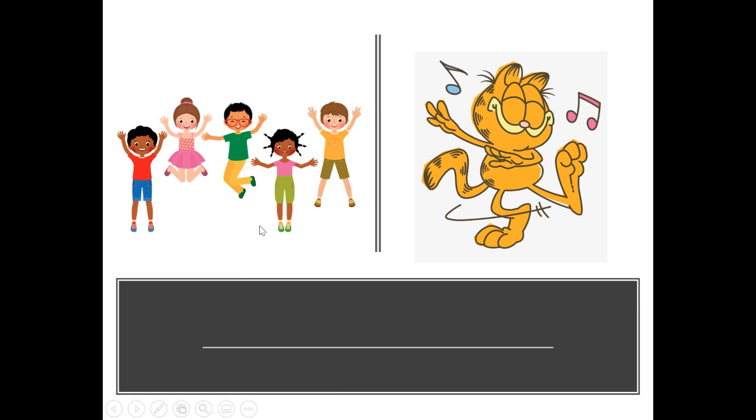Well, I notice in this picture, it looks like they're having a good time. They're jumping and maybe dancing. And I notice that Garfield looks like he's listening to music and moving around. So how are these two pictures the same or similar? They both show moving or dancing.